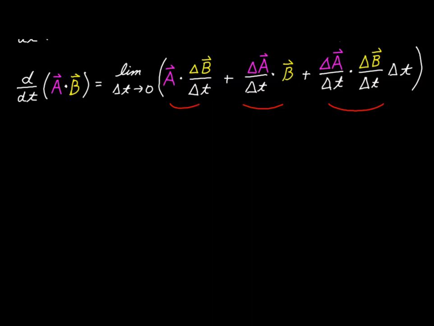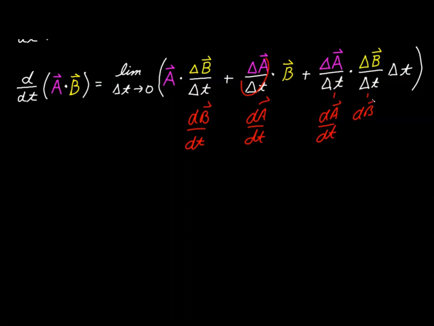So what do I get when I take the limit of delta B over delta t? Well, that's nothing but dB over dt. The limit of this guy is just dA with respect to dt. And of course I have the same things here, dA/dt and dB/dt.